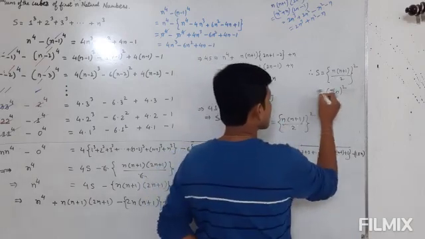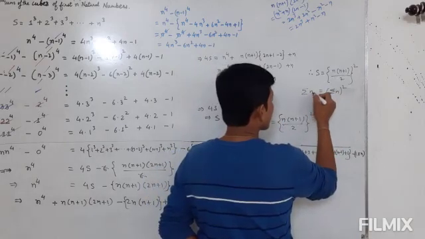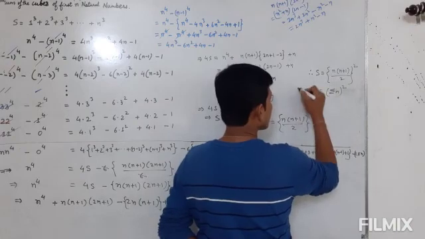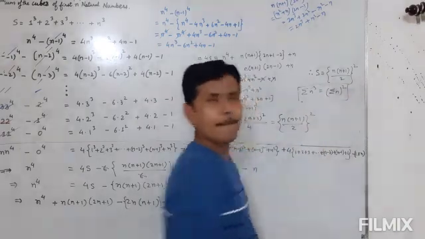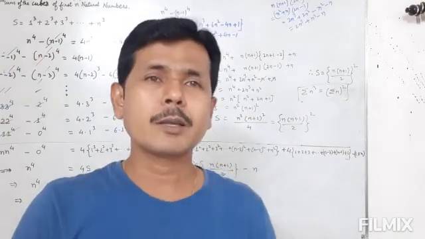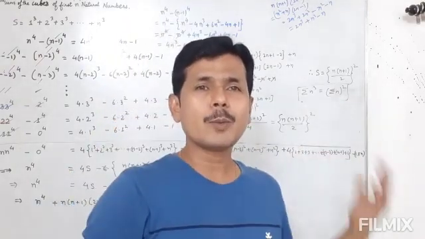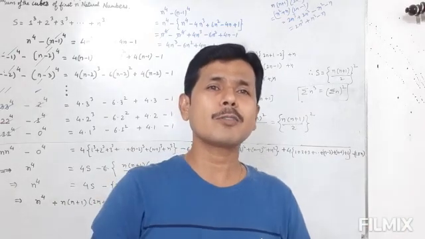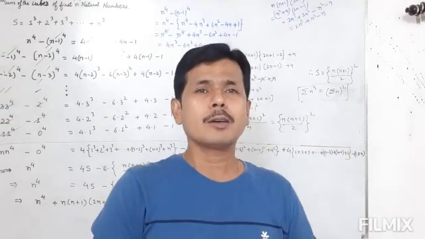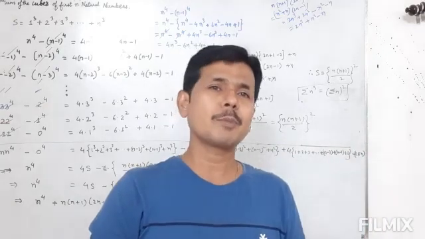This means we can say that the summation of n cube is equal to this. Now you can use this formula to find the sum of the cubes of any number of natural numbers from the beginning.